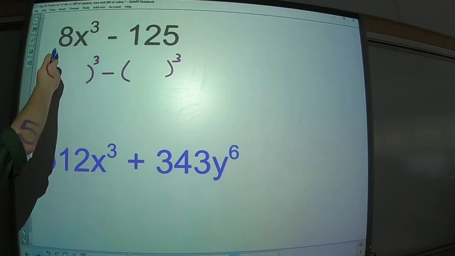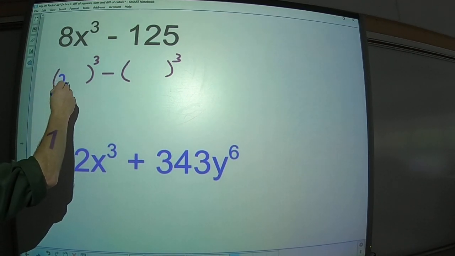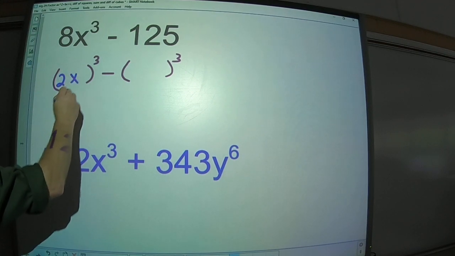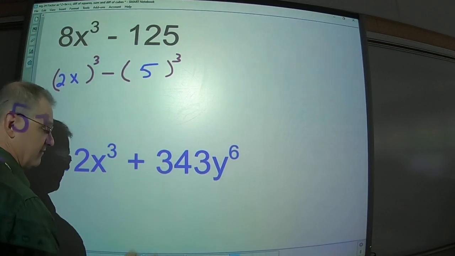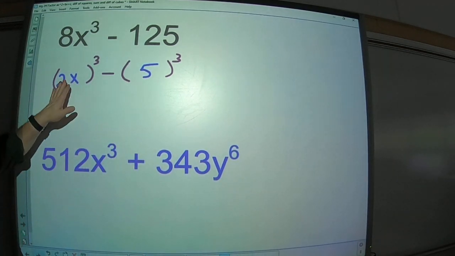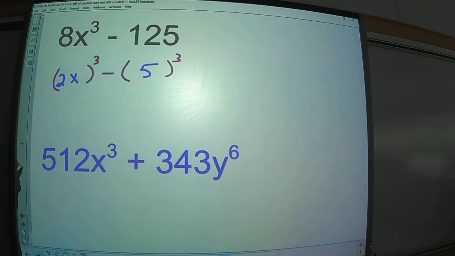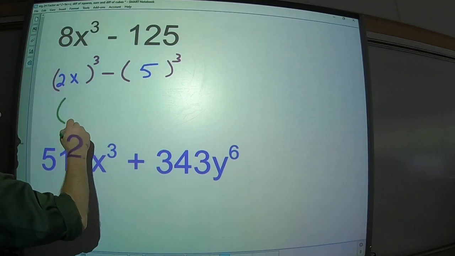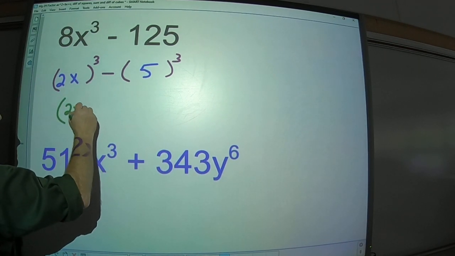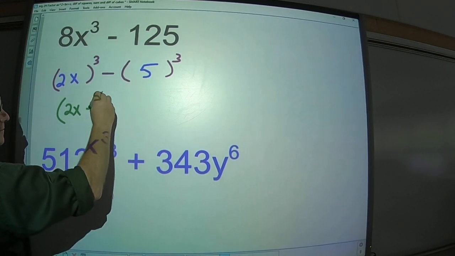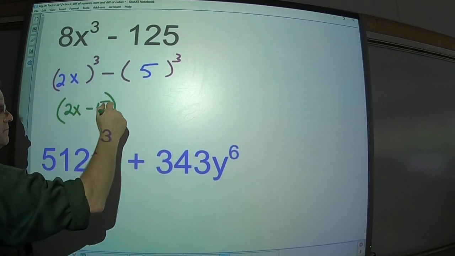All right, what cube gives you 8? 2. What cube gives you x to the third? X. What cube gives you 125? 5. So my a is 2x and my b is 5. So when I factor this, it's a minus b, because this is a difference.